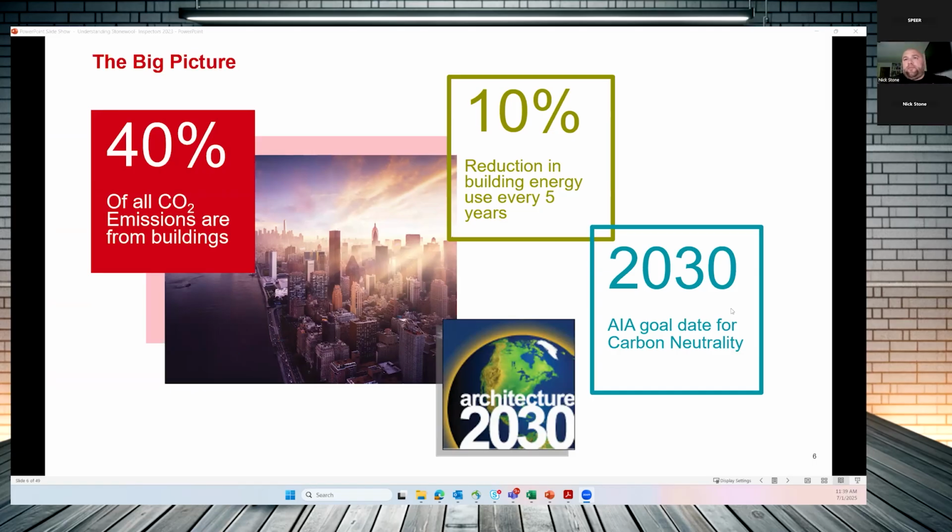So one of the big goals by AIA 2030 is to reach carbon neutrality. A couple of different ways we think about this is using more efficient insulations, and the way we're sequencing insulations. For instance, instead of just having cavity insulation, let's start to take a look at using split insulation packages where we have insulation on the outside of the wall and insulation in the cavity, making these systems more and more efficient.